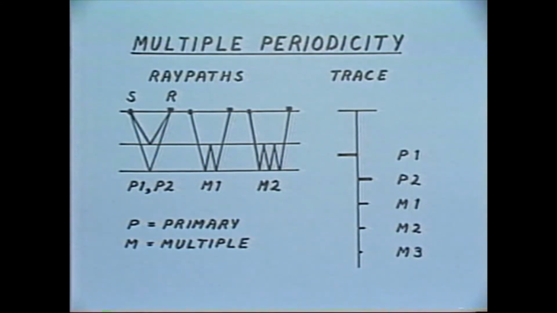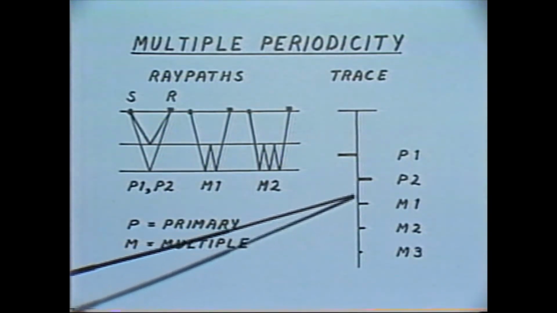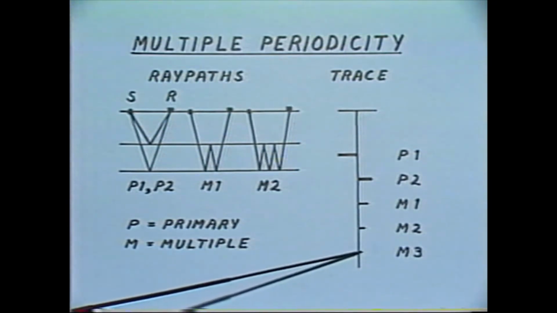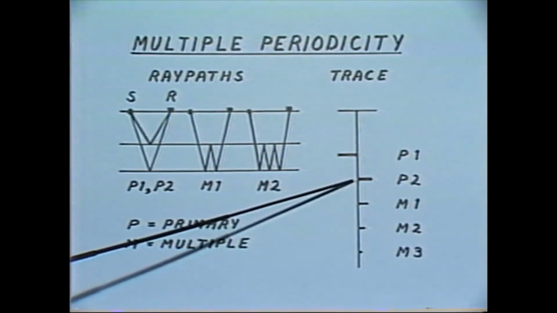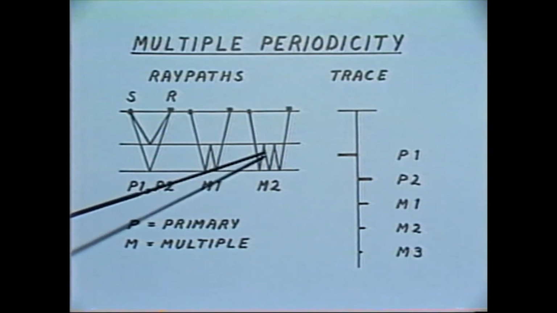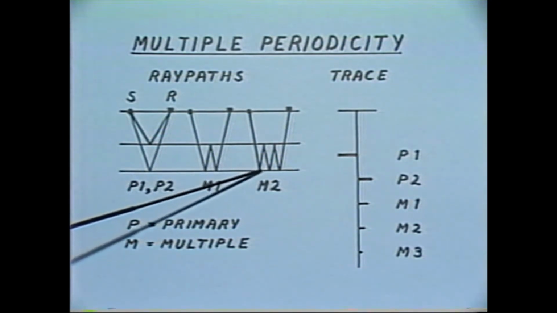Now, an important property of a sequence of multiples such as this, all generated in the same layer, is that they occur at regular time intervals following the second of the two primary reflections. And of course that time interval is the time that it takes to travel two ways through that rock layer.